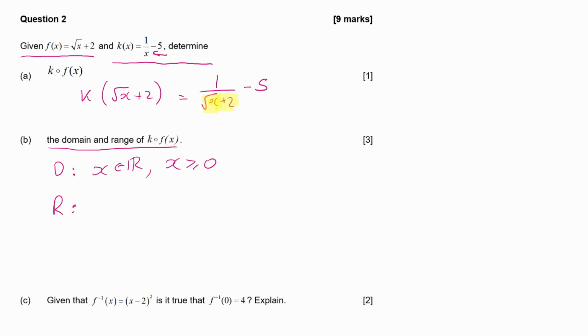Now to think about the range, just consider that that is actually negative 5 plus 1 over root x plus 2. Now, the largest that this part can be is a half.